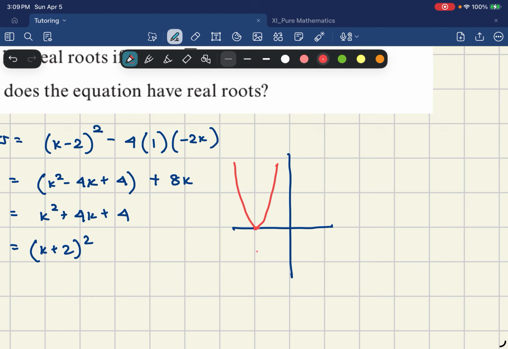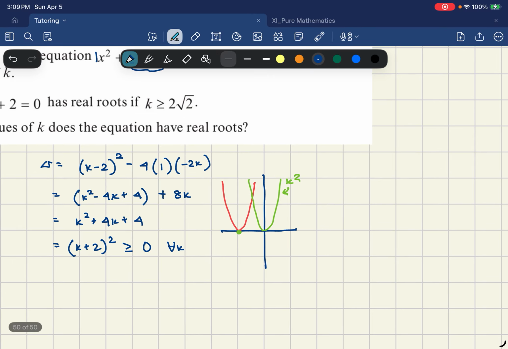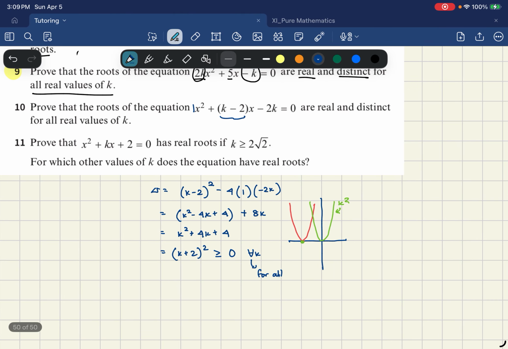So if the graph of k squared looks like this, then you have just shifted it 2 units to the left by adding 2. So this expression is bigger than or equal to 0 for all values of k. Whatever k you put in, this expression is bigger than or equal to 0.